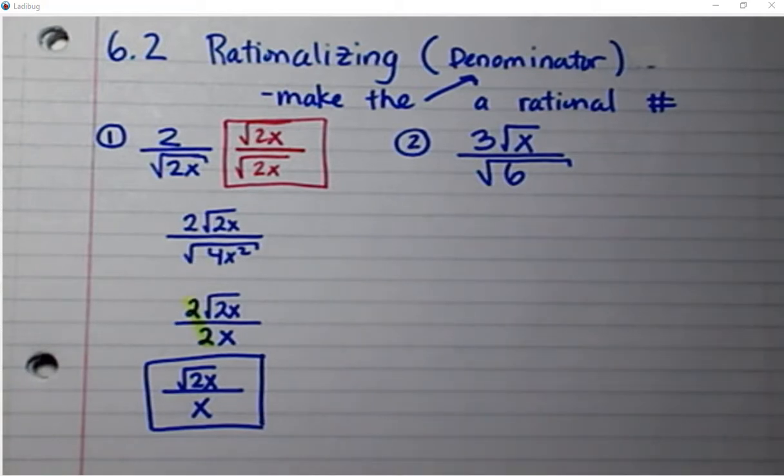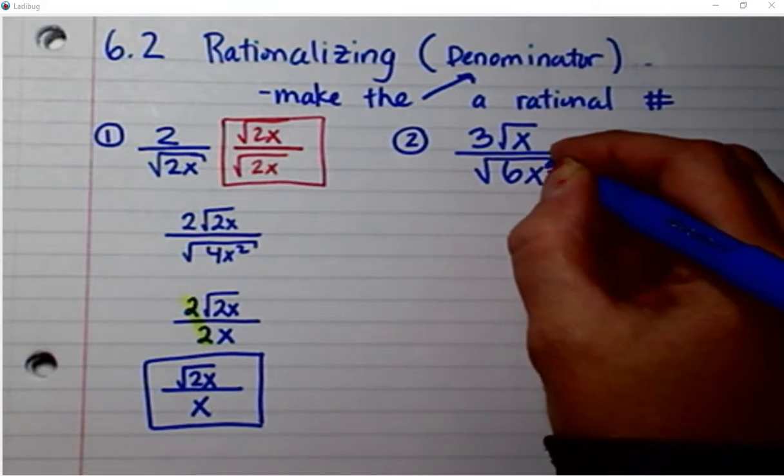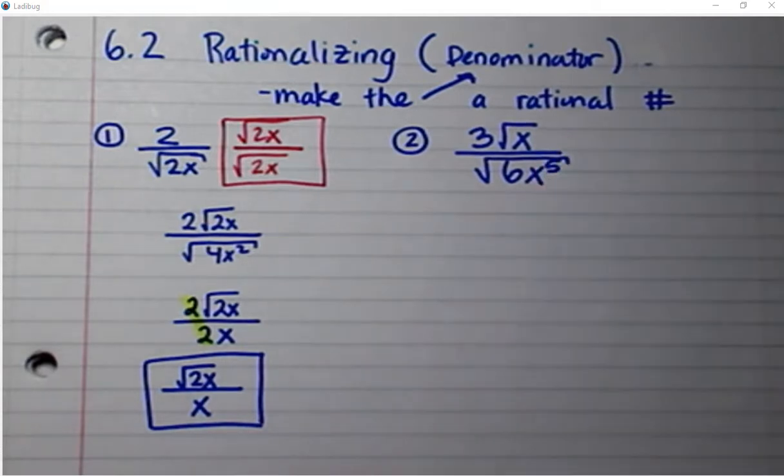Someone give me a variable. Next to the fifth. Oh, I like fifth. That's actually a good choice. Okay, guys.